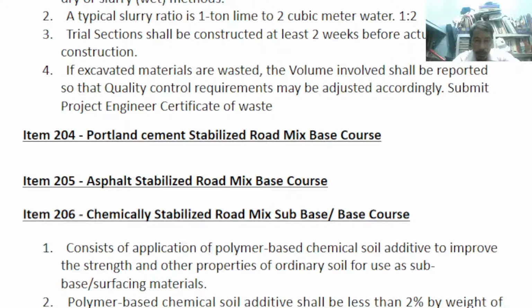Soil additive shall be less than that. So you can use 1% because these chemicals, particularly polymer-based, are expensive. So this refers to the maximum. 2% is the maximum by weight.